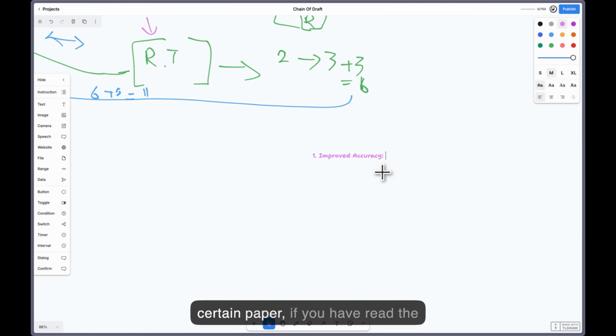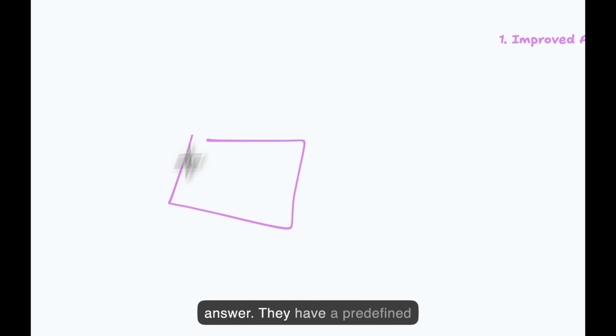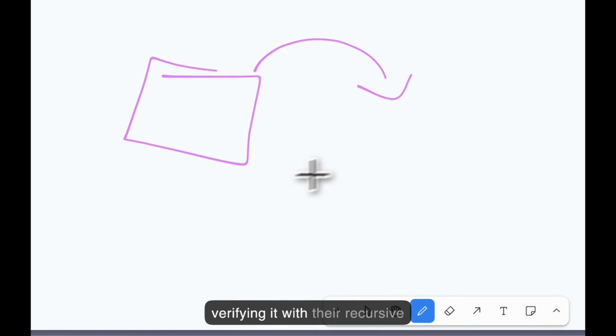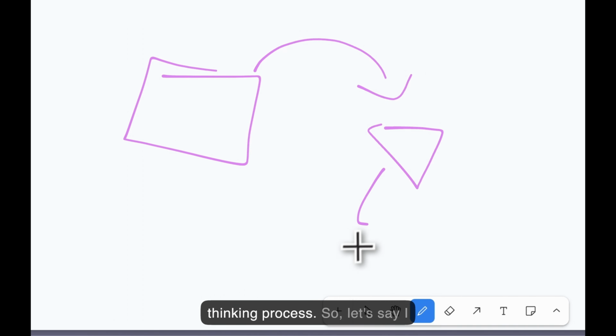In a certain paper, if you have read Claude's reasoning paper, I'll provide a link to that also, and I'll maybe make a video on that. They basically say in that paper that models are actually not reasoning, but they already have a predefined answer, where they are just verifying it with their recursive thinking process.